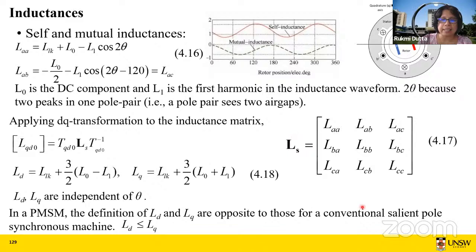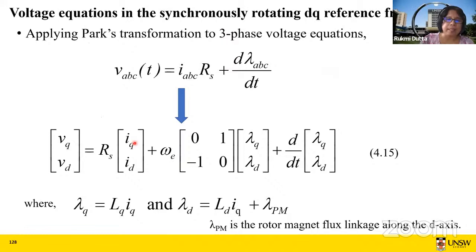So in this matrix, if we apply the transformation, the first one is the Park's transformation, and the second is the inverse of the Park's transformation. So if we multiply, this is the term which is going to come in when we apply it here. This is what will appear if we replace lambda D and lambda Q in terms of this inductance.